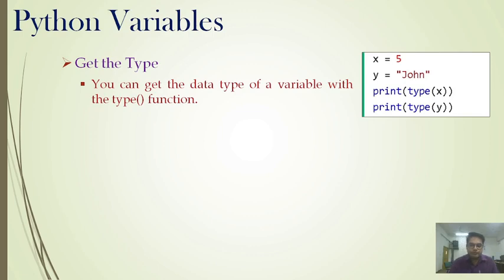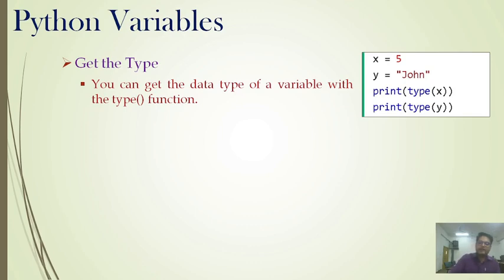Now I want to know exactly what data types x and y have. In such a case, I use the keyword print, and inside that print I call the keyword type, and then pass the x variable.